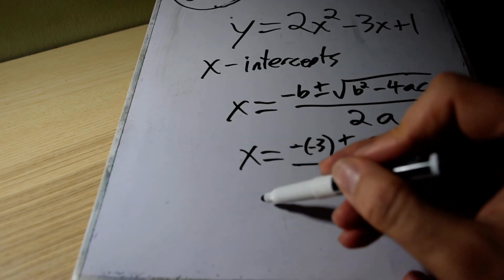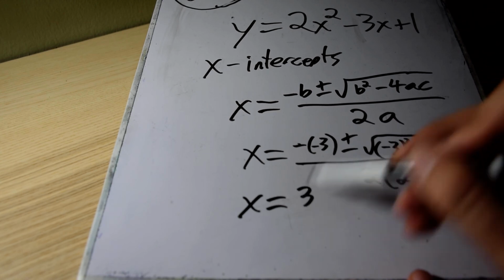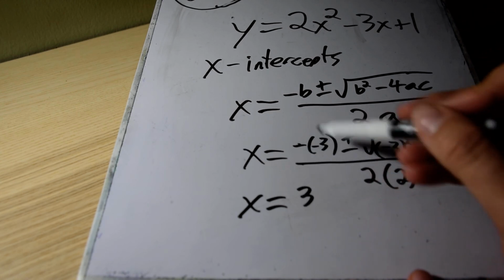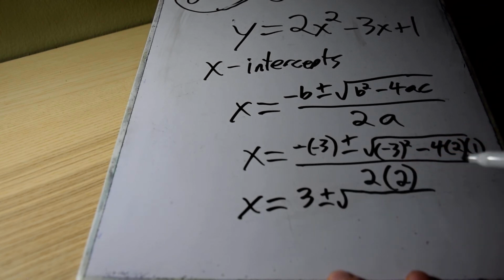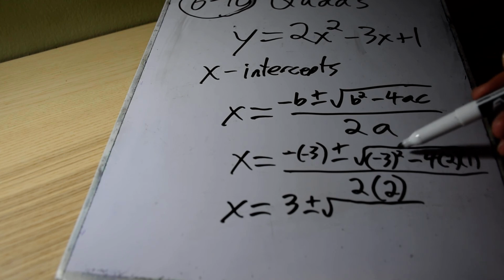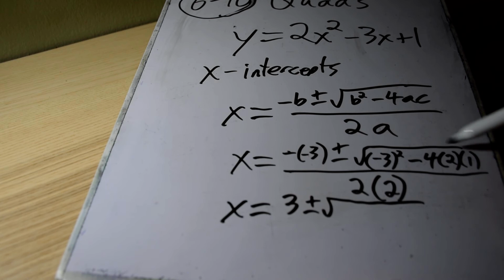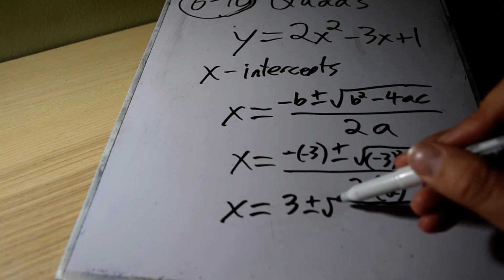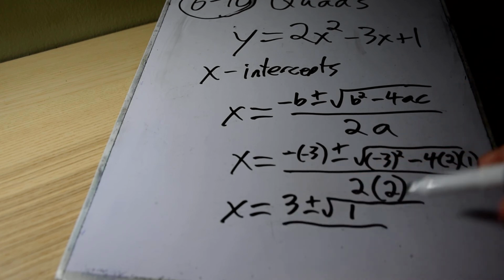So here, x equals 3, because the negative and a negative is a positive, plus or minus the square root of, well, this is 9, negative 3 squared, negative 3 times negative 3 is 9, minus 8, or 4 times 2 times 1, which is 8, is just 1. So this is the square root of 1 over 4. So what does that mean?